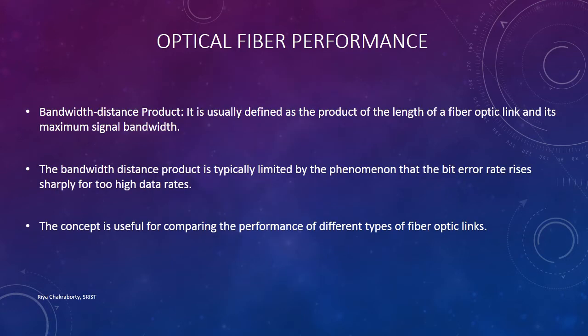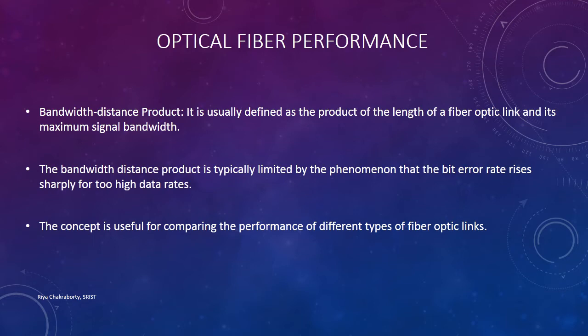Now, optical fiber performance. Bandwidth distance product. The term bandwidth distance product is often used in optical fiber communication. It is usually defined as the product of the length of a fiber optic link and its maximum signal bandwidth.